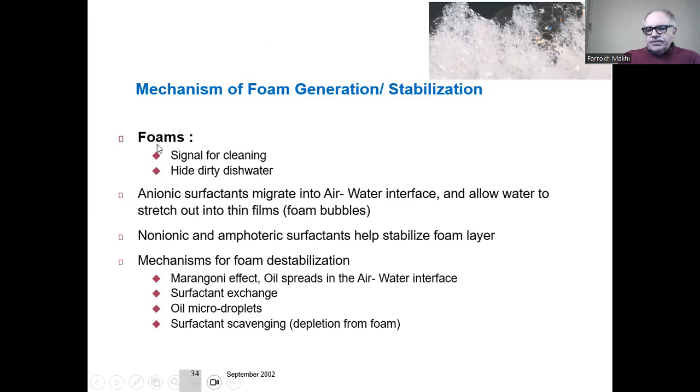Foams are important in dishwashing liquids from the consumer perception point of view. Foam doesn't really contribute to cleaning, but the perception is important. So consumers see long-lasting foam as a sign of surfactant efficiency. They also hide the dirty water.